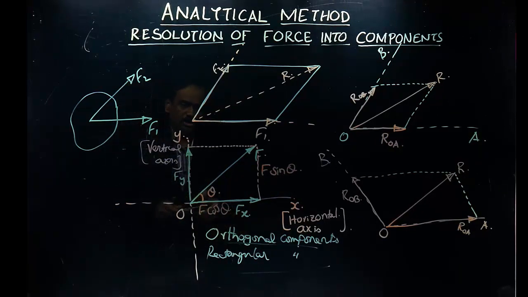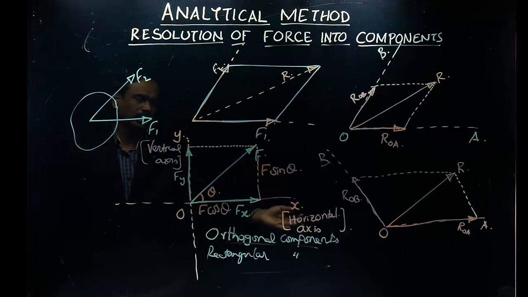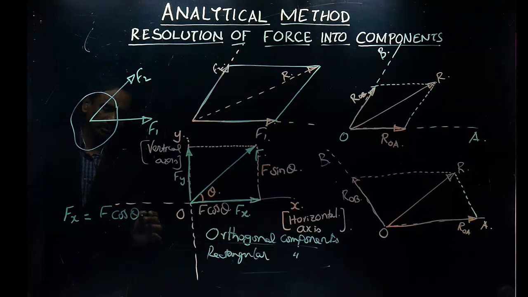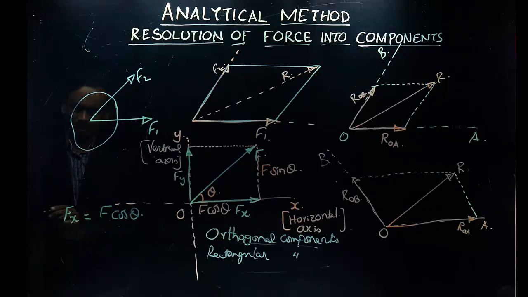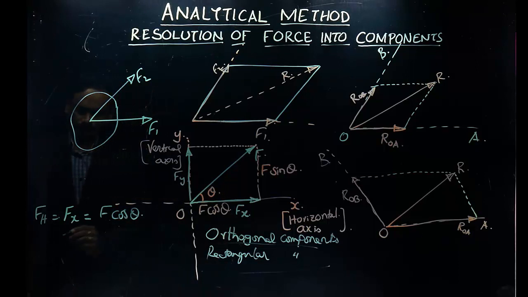So we can find the components of the given force along the x and y axis, or horizontal axis and vertical axis, as follows. Fx is equal to F cos theta. Some textbooks, instead of Fx, call this F horizontal, the component along the horizontal axis.